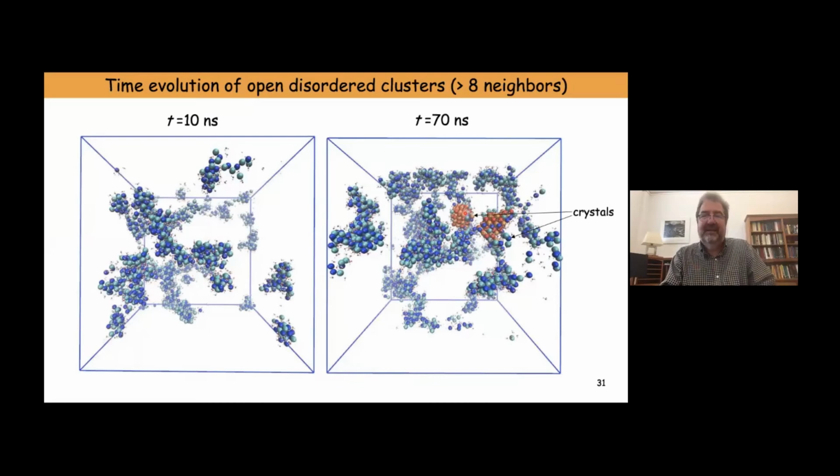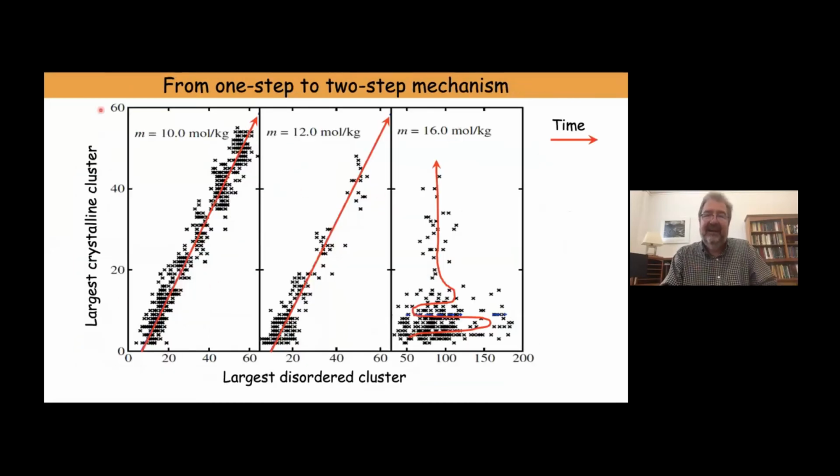This can also be seen by looking at the largest crystalline cluster versus the largest disordered cluster, which below the limit of stability grows linearly, but at and above the limit of stability shows very different behavior, indicating a different mechanism. Instead of a one-step nucleation and growth mechanism, at high supersaturations these solutions lose stability and result in nucleation with a two-step mechanism. So this is what I wanted to cover.